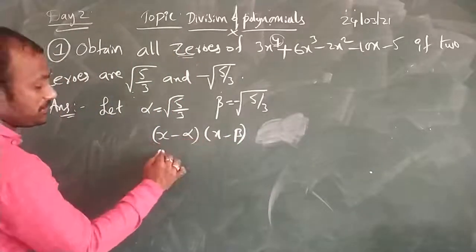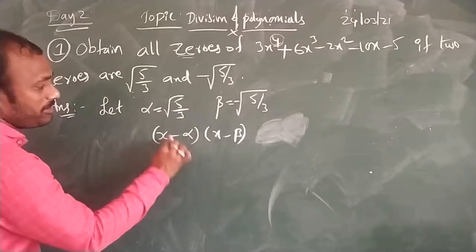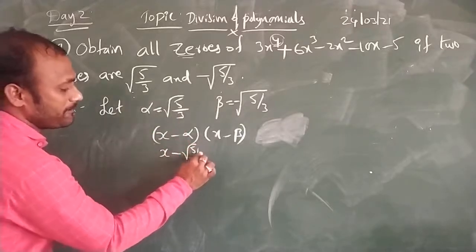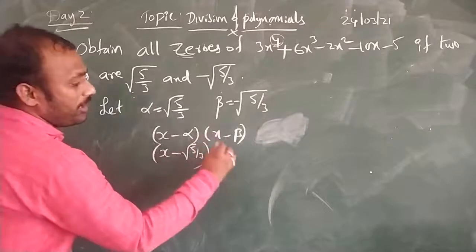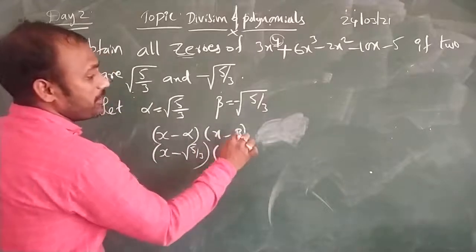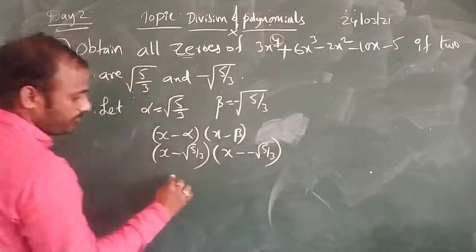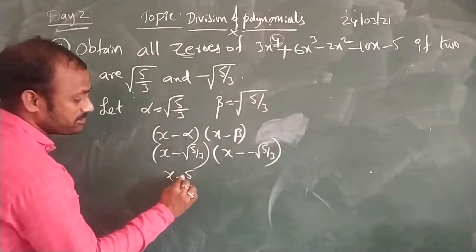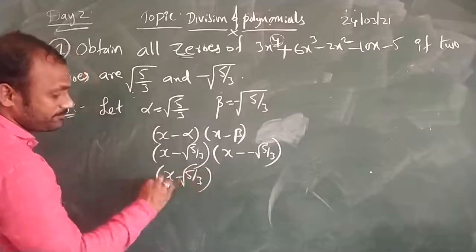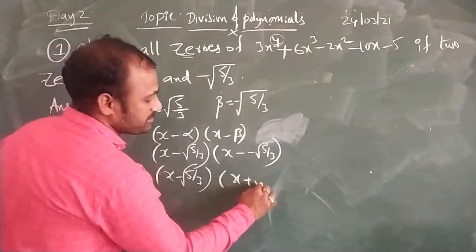Now just substitute the values. x minus alpha is x minus root 5 by 3 and x minus beta is x plus root 5 by 3.